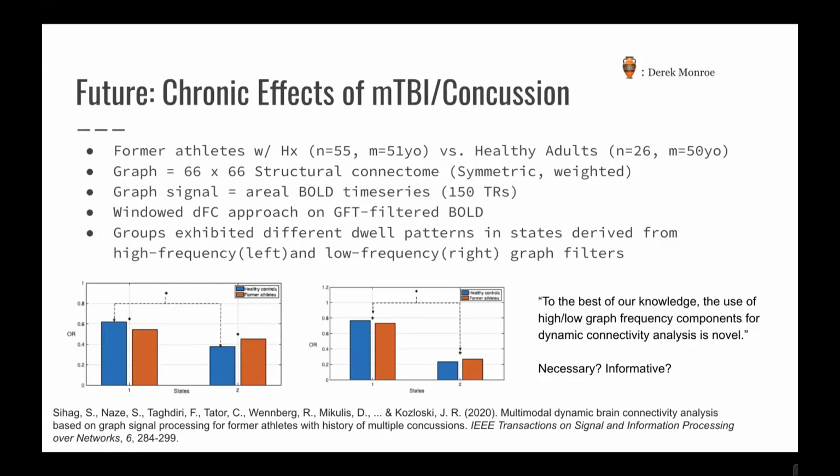And in performing some different permutation tests, both parametric and non-parametric, to approximate whether there were differences in dwell times between these states characterizing the former athletes and the healthy adults, they come to the conclusion that there is.